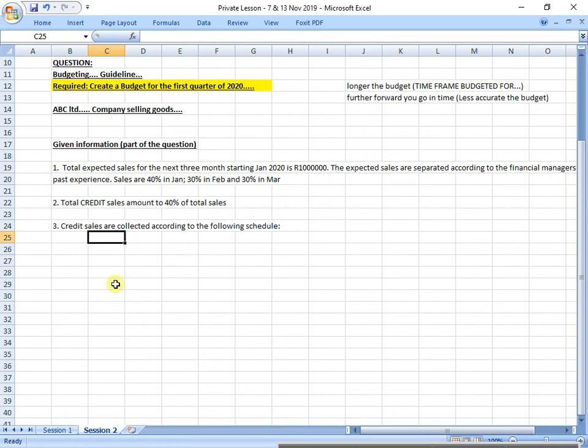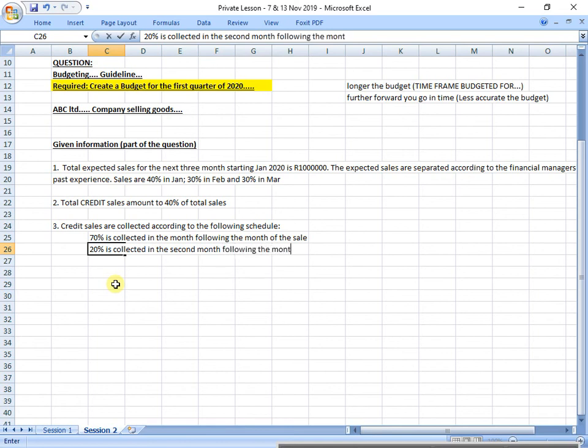Okay, so we need a schedule of receipts. We can say maybe 70% is collected in the month following the month of the sale. Okay, 20% is collected in the second month following the month of the sale.